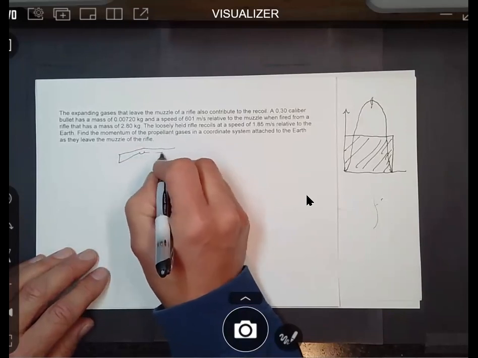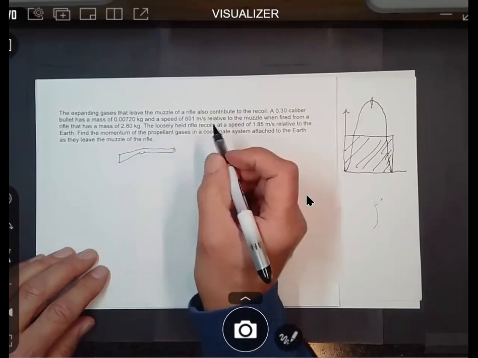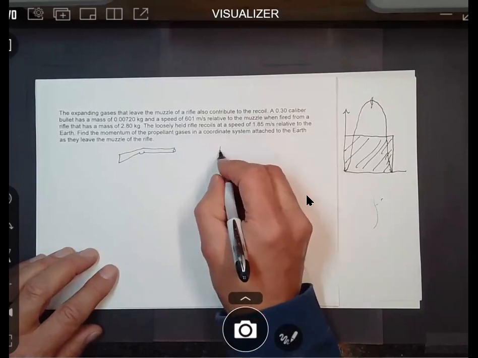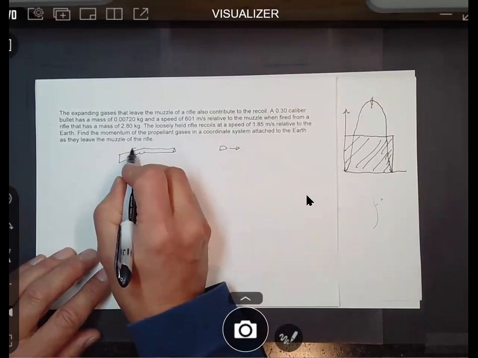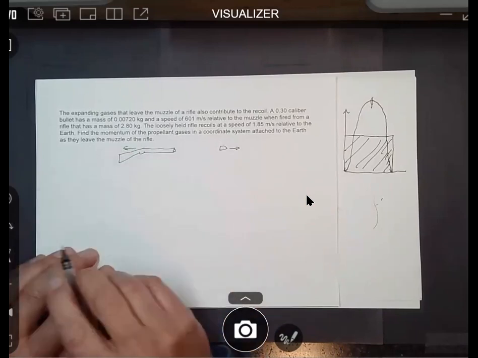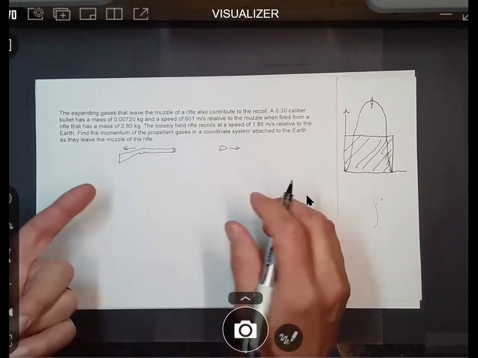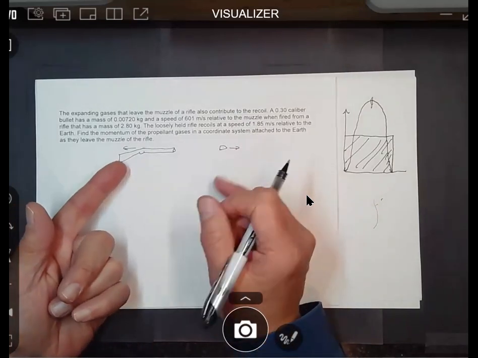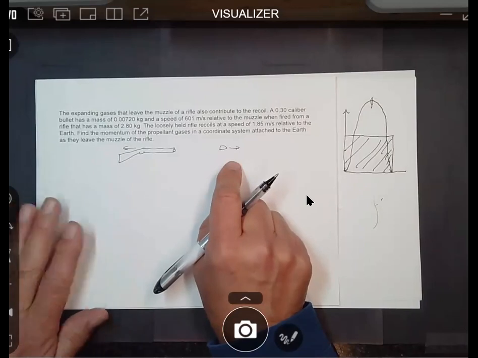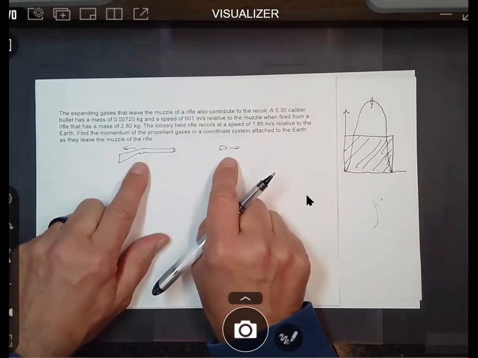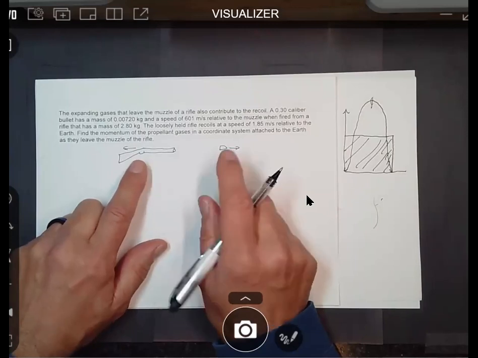We've got the rifle. We have the bullet that's headed out in this direction, and the rifle is recoiling in this direction. And there was no momentum before the rifle fired the bullet. But if we look at what's going on afterwards here, we'll have some amount of momentum that isn't accounting for something.